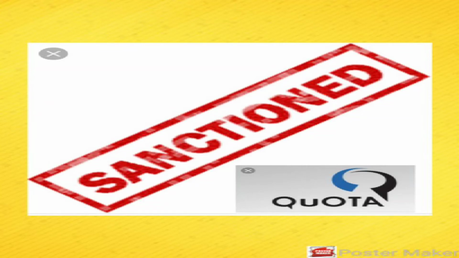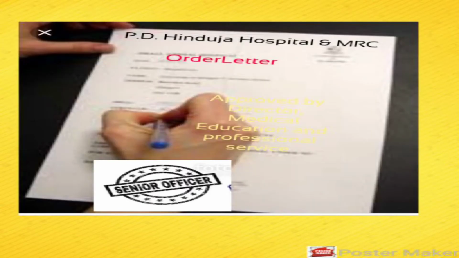Government sanctions a quota of narcotic and psychotropic substances through the authority called the Food and Drug Administration. We provide them a quota of consumption of narcotic and psychotropic substances. So the senior officer writes an order letter with approval of the Director of Medical Education and Professional Services.